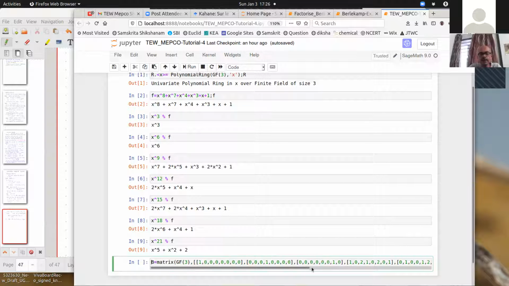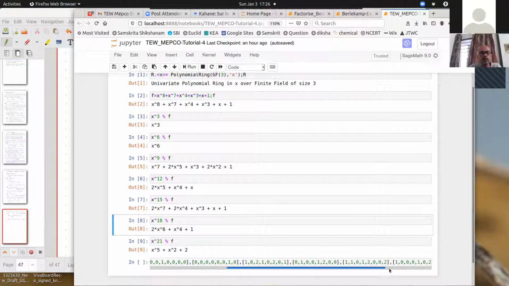Likewise I entered the whole thing, all these entries ending with, let's check that, this is the last one. So this is x to the 5, x square, and plus 2. So x to the 5 has coefficient 1, and then x square and the constant term.